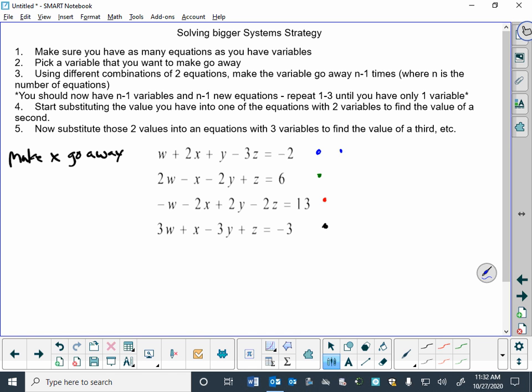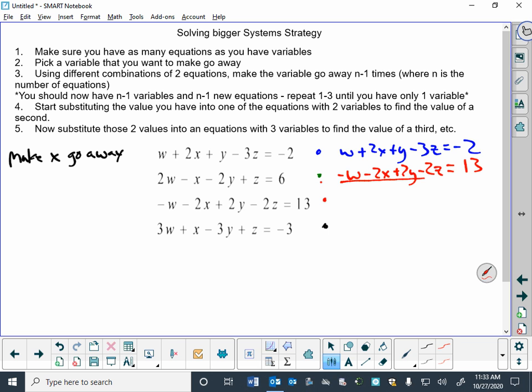The blue one here is w plus 2x plus y minus 3z is equal to negative 2. And the red one is negative w minus 2x plus 2y minus 2z is equal to 13.